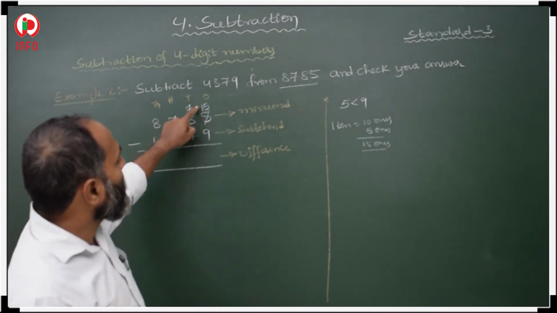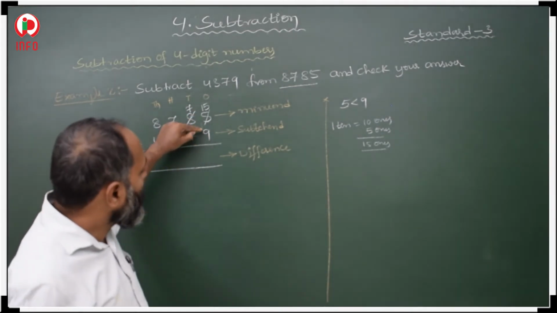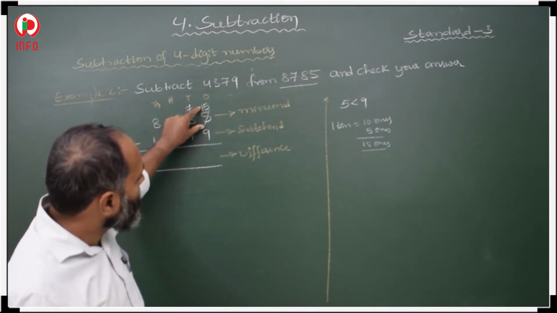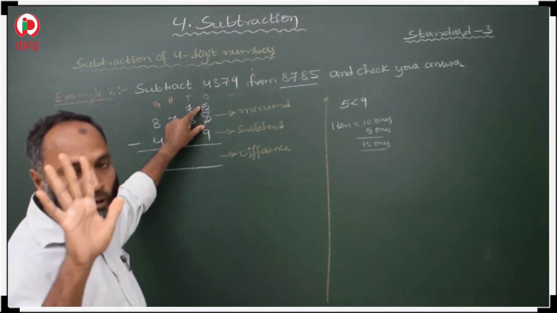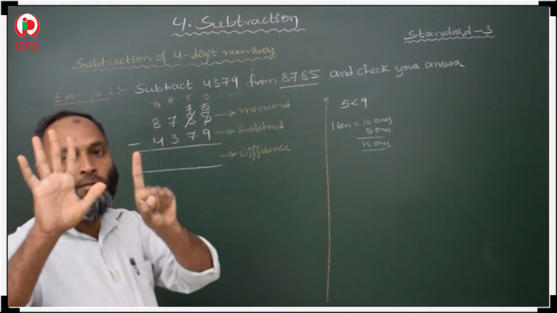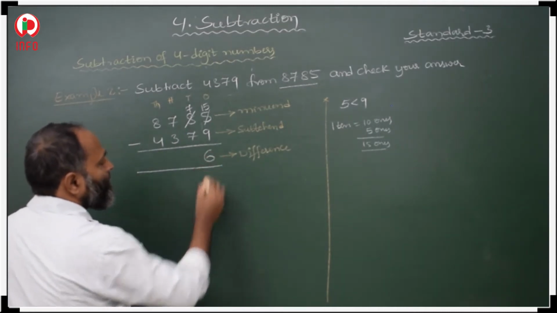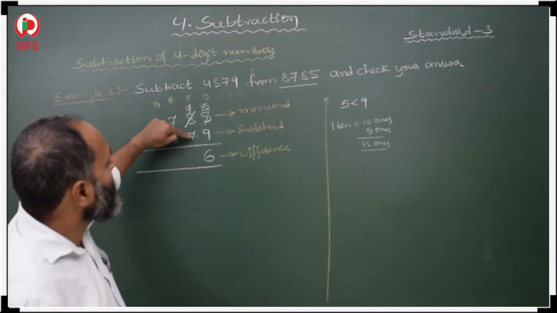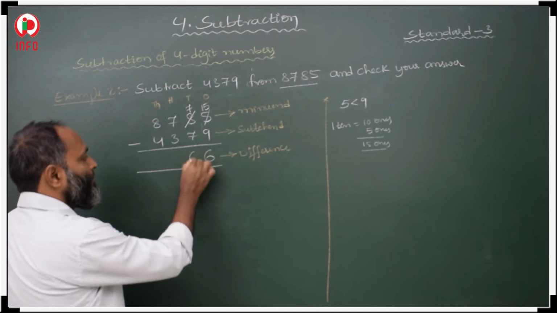Then 15 minus 9. 15 minus 9 is how much? So then how to count? 9 is there here. From 10 to 15 we have to count. 10, 11, 12, 13, 14, 15. Here 6. Here same number minus same number. The number minus itself is 0.